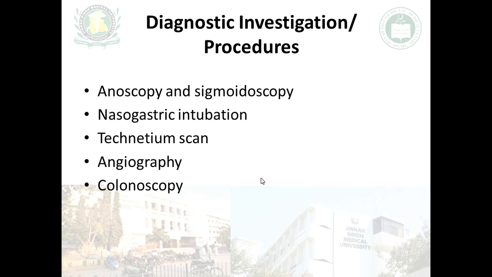I have mentioned it here in a different category, because if the patient is bleeding from the stomach or the esophagus, then nasogastric intubation will tell us that there is blood in the stomach, so the source is there. Technetium scan is there. We'll discuss it further. Angiography and colonoscopy, these are very important tests. We will discuss them one by one.